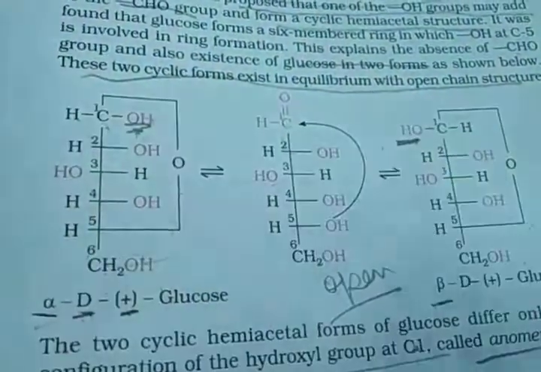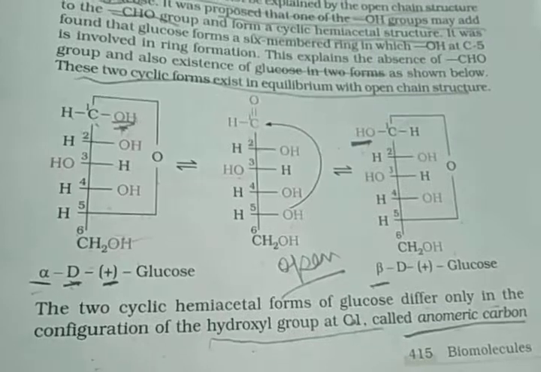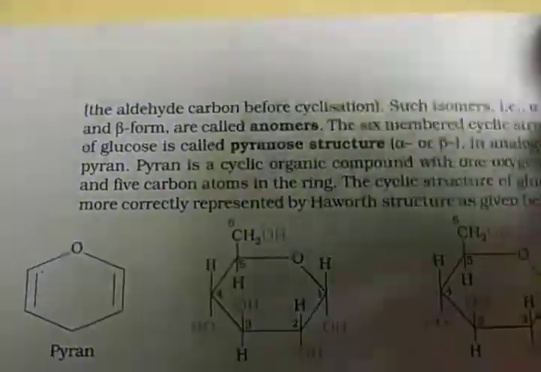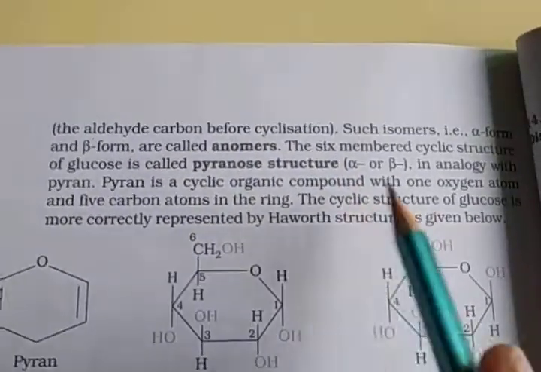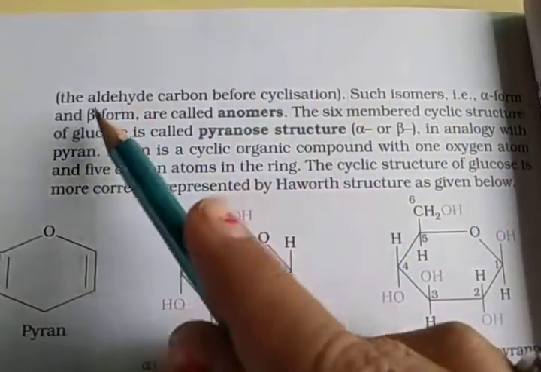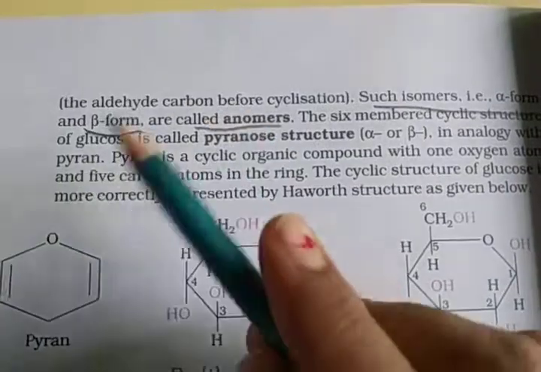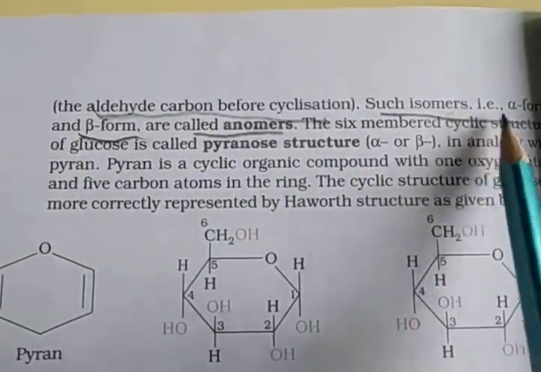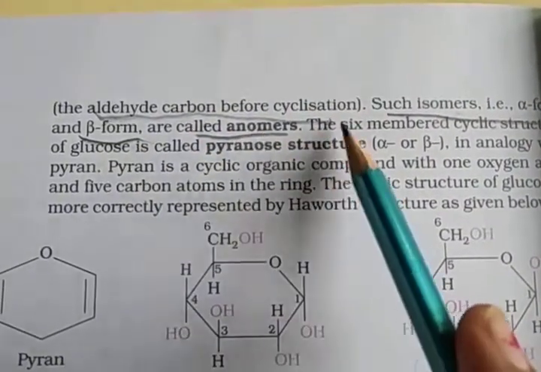This carbon is the anomeric carbon, the aldehyde carbon before cyclization. Such isomers, alpha form and beta form, are called anomers.